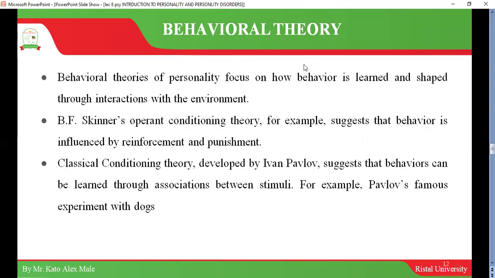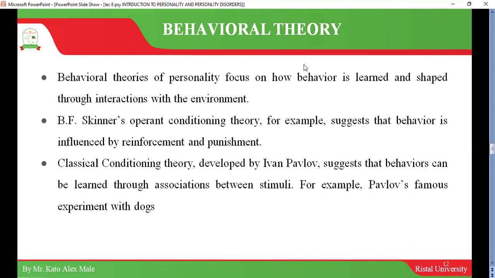Then the behavioral theory focuses on how behavior is learned and shaped through interactions with the environment. The more we interact with the environment, the more we are subject to its stimuli, and they shape our behavior and hence our personality. So Skinner's operant conditioning, for example, suggests that behavior is influenced by reinforcement and punishment.